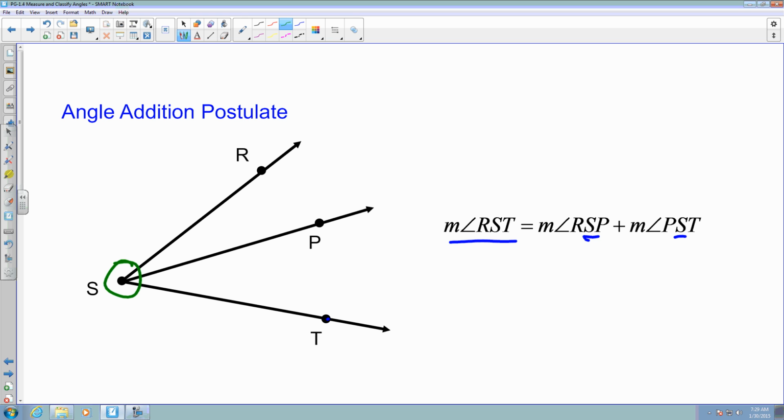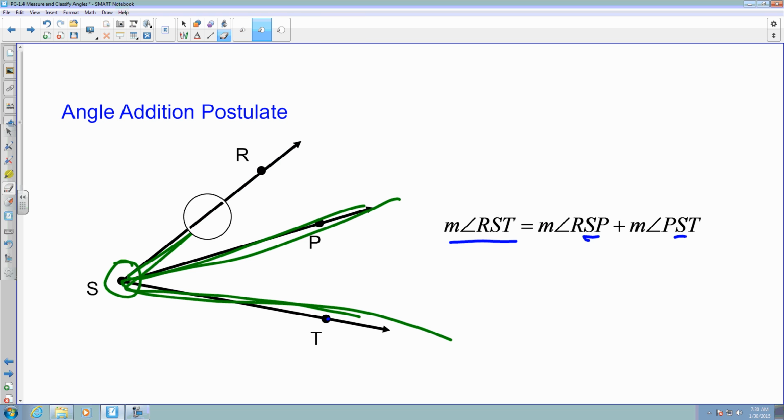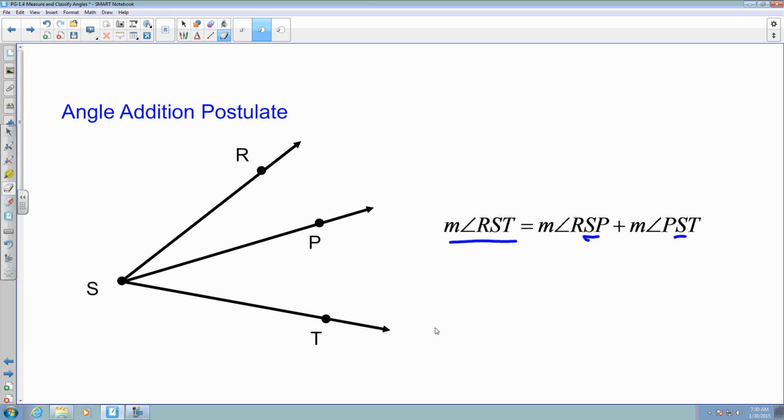Angle S could represent three separate angles. It could represent this angle, this angle, and this angle. So it's very important that when you have a situation like this, you use the three points to help you identify which angle you're talking about. So when I say angle RSP, I'm talking about that smaller angle. So keep that in mind.